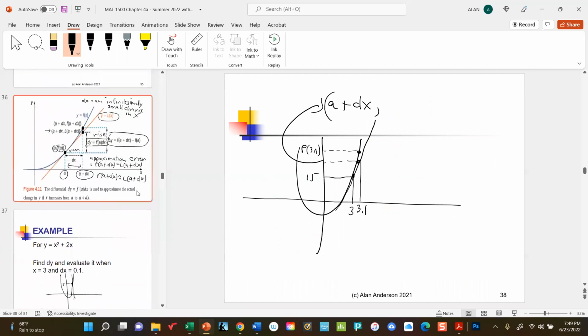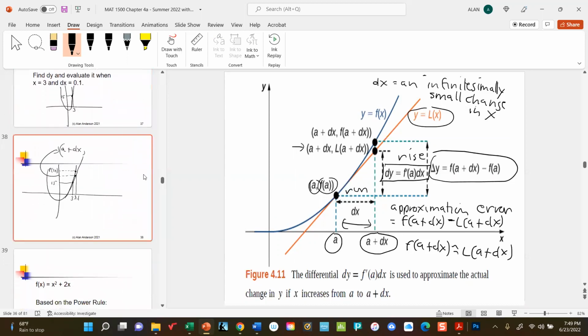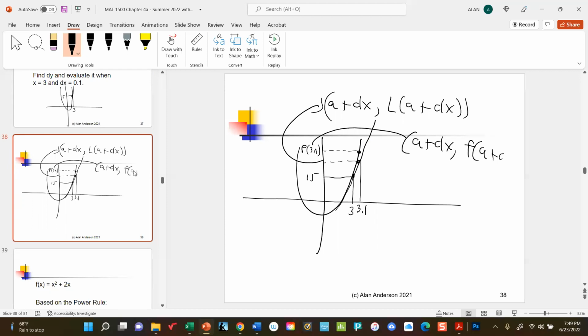And then we'll have L of a plus dx. Okay, the actual value here, we could write it as a plus dx comma f of a plus dx. In this case, a is 3, dx is 0.1. So obviously a plus dx is 3.1.